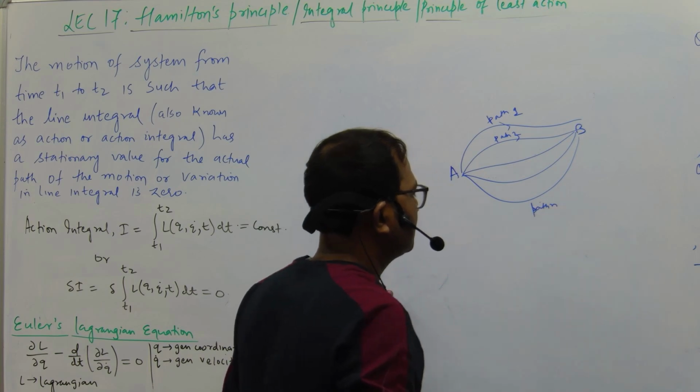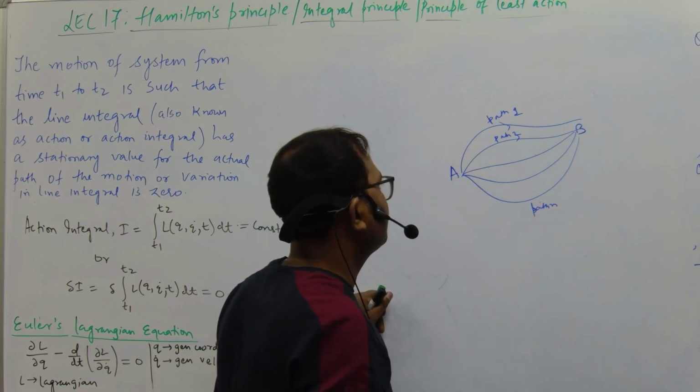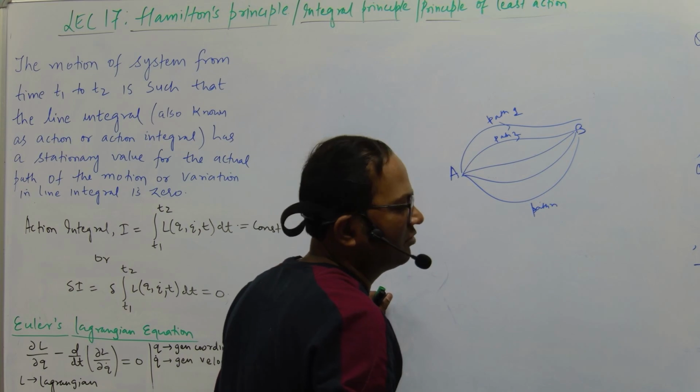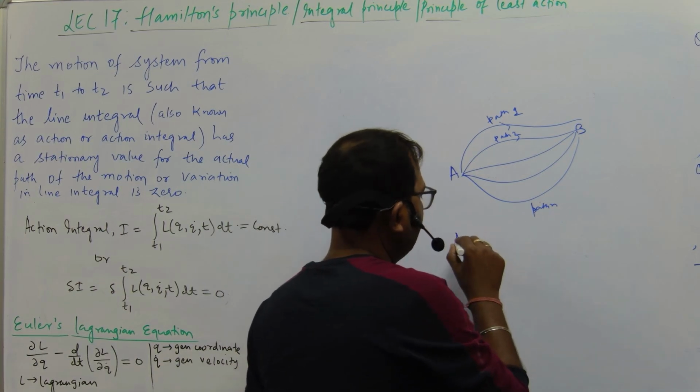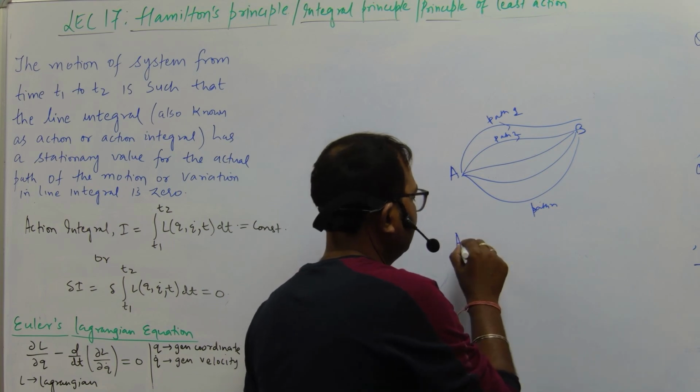As per Hamiltonian principle, the particle will choose that path on which the efforts are minimum, or action taken is of minimum value. Then that path is known as the actual path.